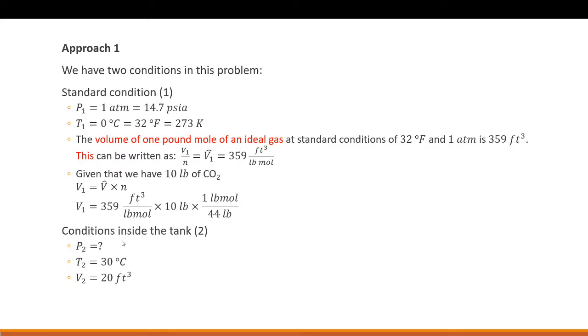Now the conditions inside the tank: the pressure is what we want to find, and we were given that the temperature inside the tank is 30 degrees Celsius and the volume is 20 feet cube.